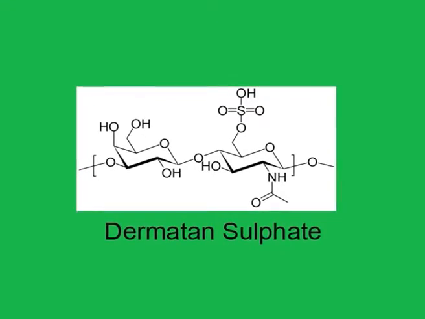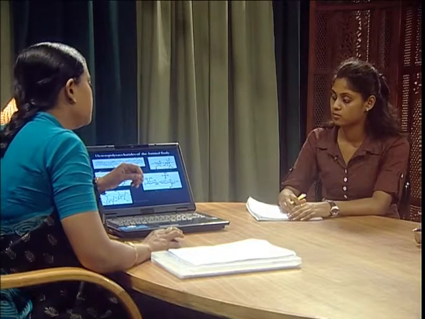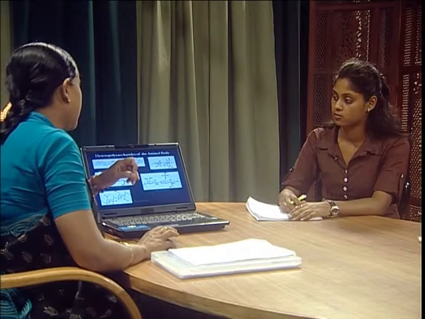Dermatan sulfate is also sulfated after the arrangement of this chain, and the position of the sulfate group is different. Instead of beta D-glucuronate as in chondroitin sulfate, dermatan sulfate has L-iduronate, and instead of the beta form it is the alpha form, but the N-acetyl galactosamine is the same in both cases.